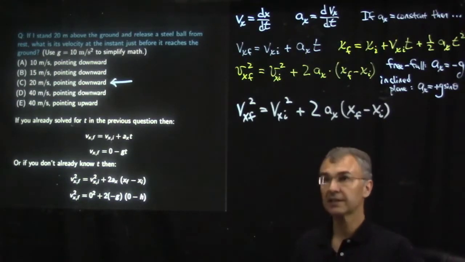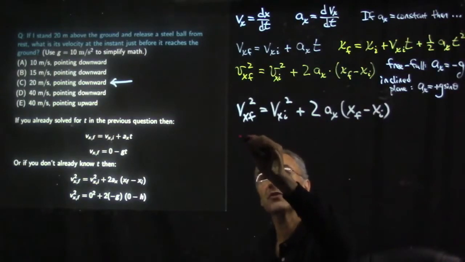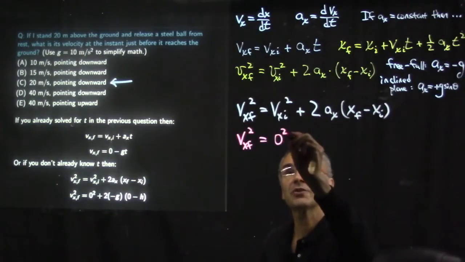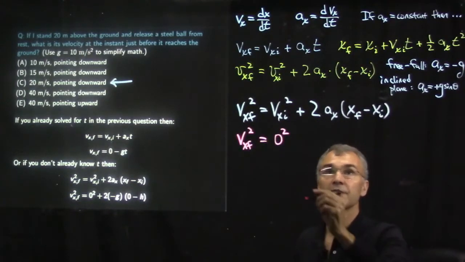So Vx final is unknown. Vx initial is 0 because we just released it from rest.